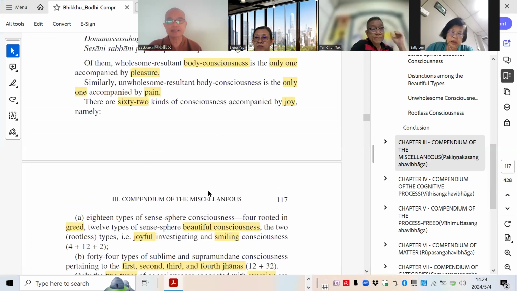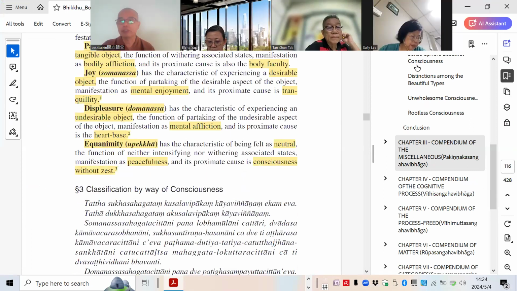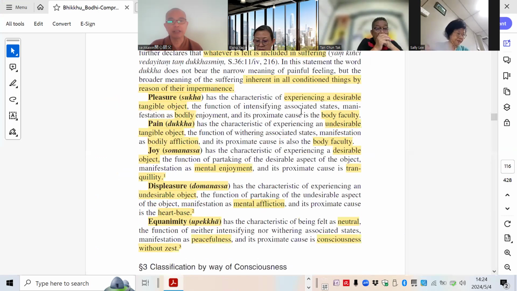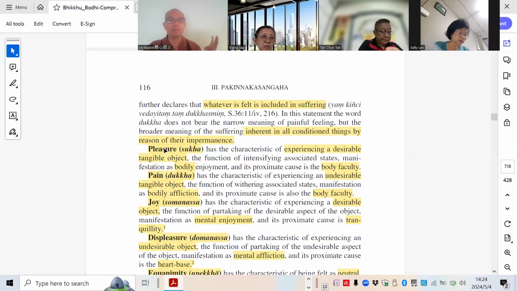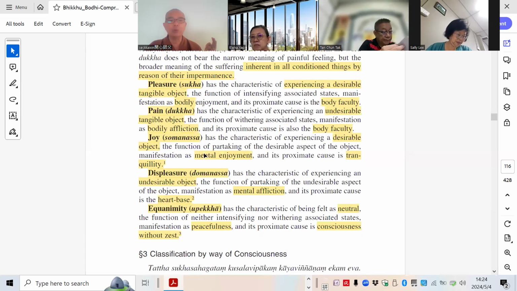In the previous lesson, we went through the definition of feeling. In the very first place, we went through the definition of all the feelings, meaning that we have a feeling of pleasure, sukha, we have pain, which is dukkha, and then we have joy, somanasa.